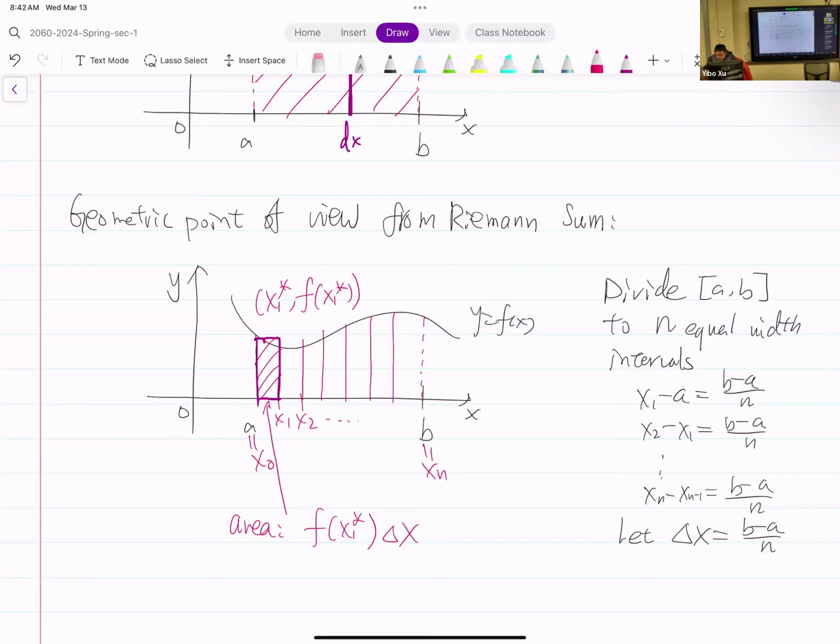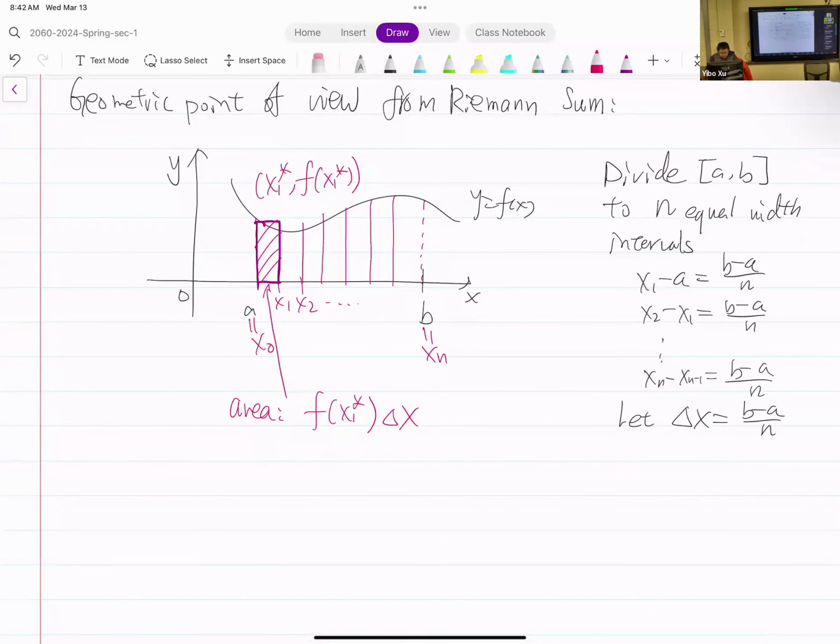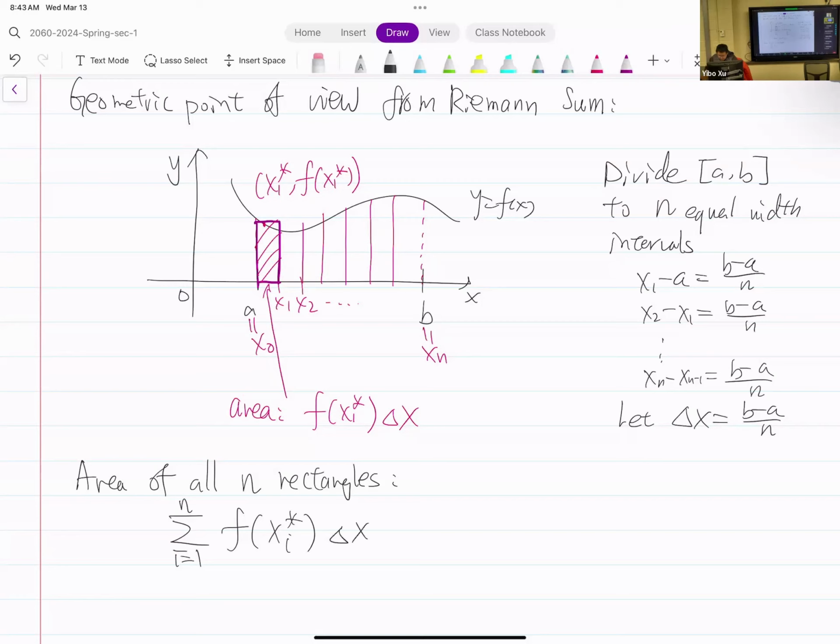Basically, we just repeat the process for every strip, and then we sum up. The area of n rectangles is going to be the summation where i is the index, the counter of the rectangle, right? For every rectangle, it's the sample point xi star within the ith interval multiplied by the width.